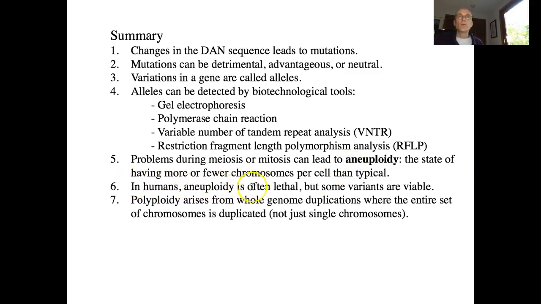In humans, aneuploidy is often lethal, but some variants are viable, and we took a look at some of those. We said that Klinefelter syndrome, Turner syndrome, and Down syndrome are all examples of viability of aneuploidy in humans. And then we talked about polyploidy. I said that that arises from whole genome duplication, not just single chromosomes. And we said that in humans that is very, very uncommon, but in plants and some animals, polyploidy is actually quite common.